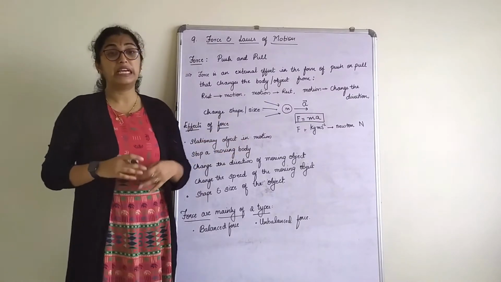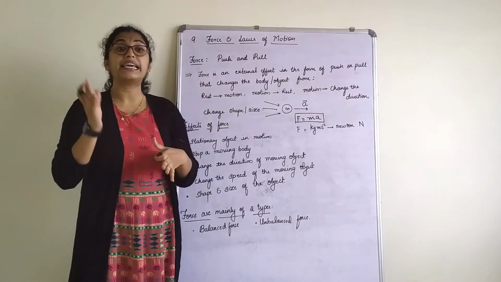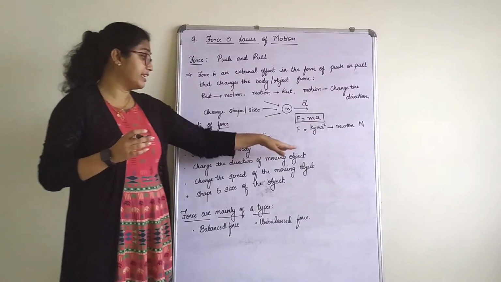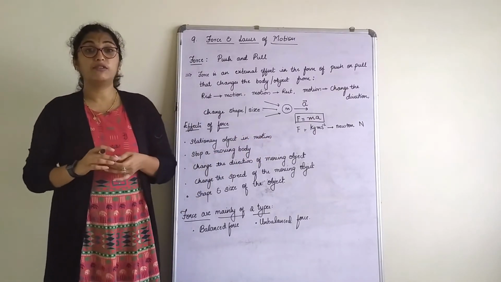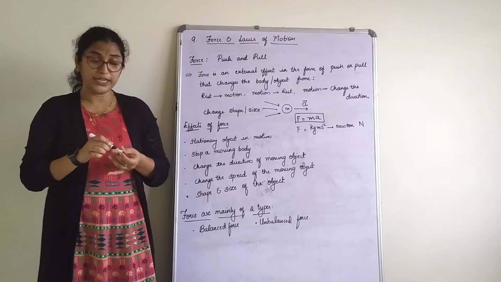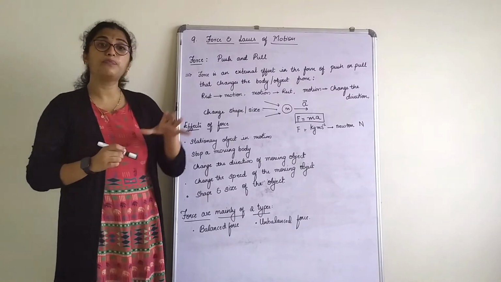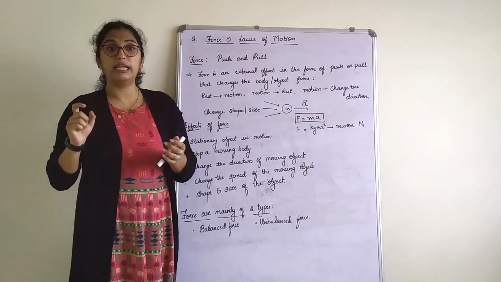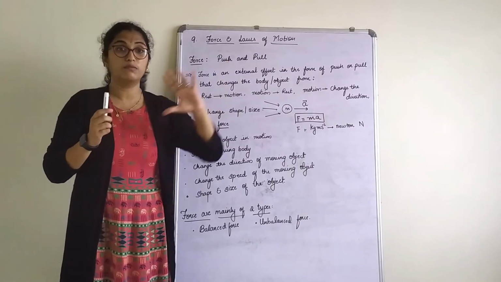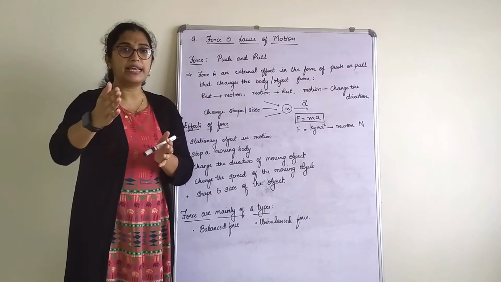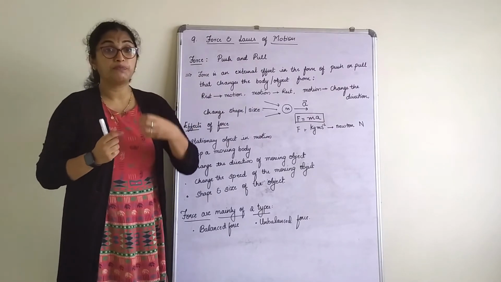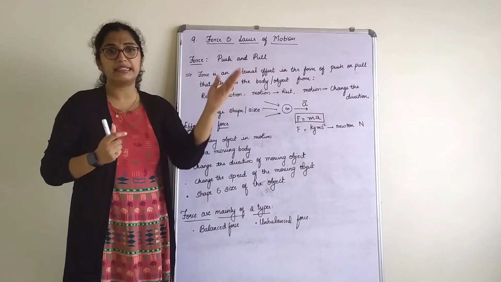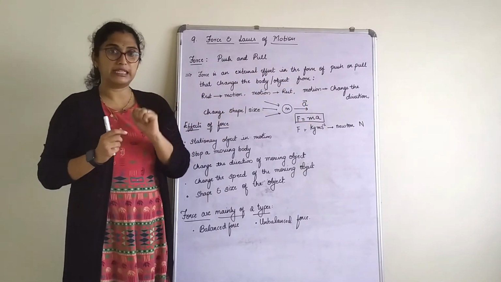Force can also stop a moving body. An object which is moving, I can stop it, right? Force can change the direction of a moving object. Now how do we change the direction of a moving object? Let us take the example of a toy car. Suppose it is a pull back toy car. When you pull it and leave it, the toy car moves. If the toy car hits an obstruction, a wall or anything, it will change direction immediately, right?